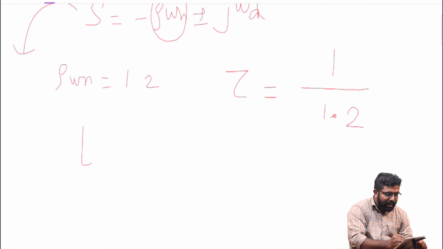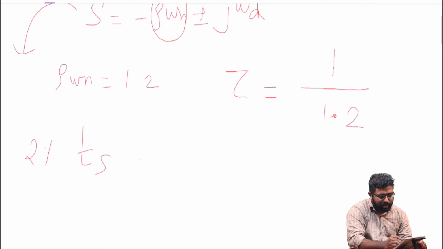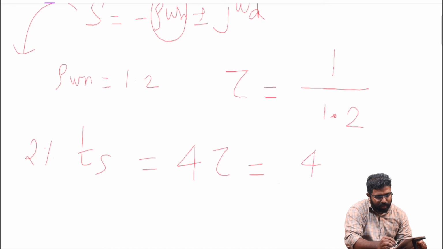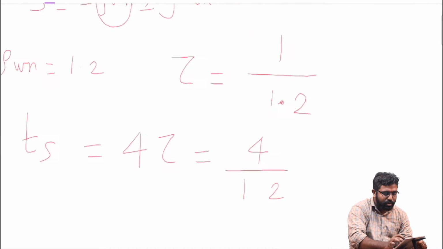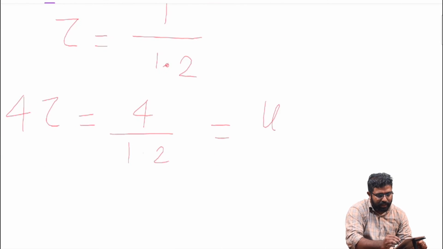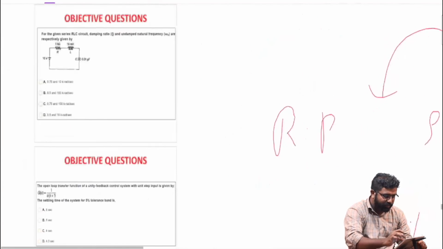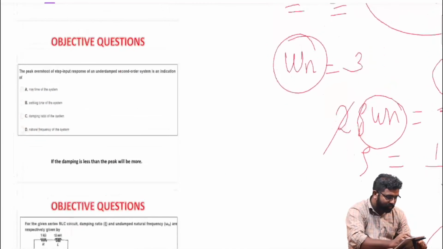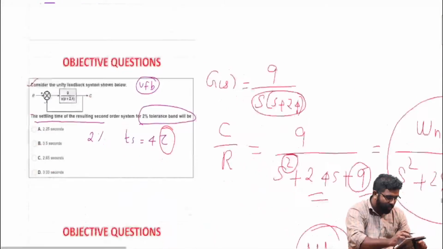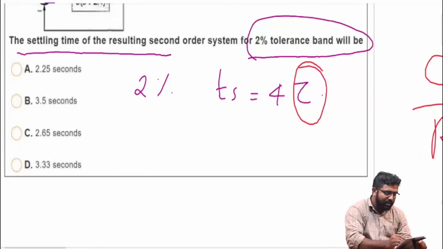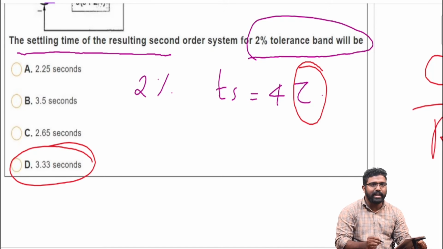I need to find the settling time for 2%, that is 4 time constants, so you will get 4 divided by 1.2, which is 10 by 3. You will get 3.33 seconds. So the correct answer for this question is 3.33 seconds. The correct answer is option D.